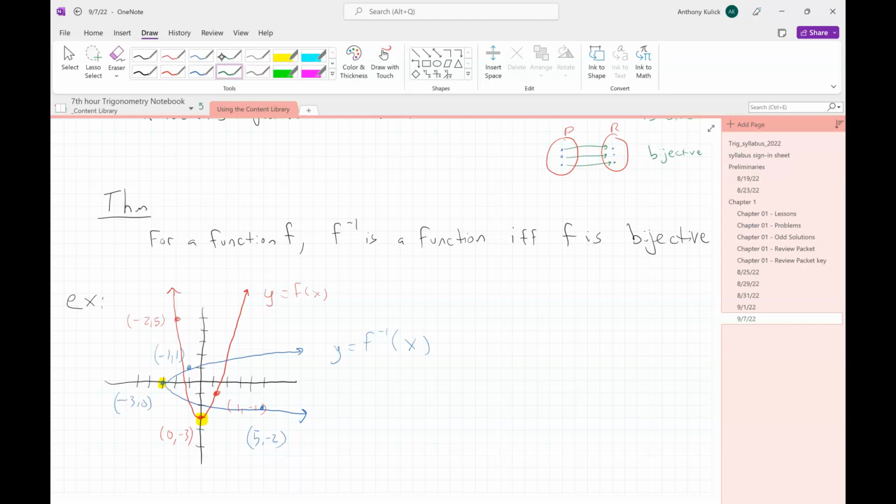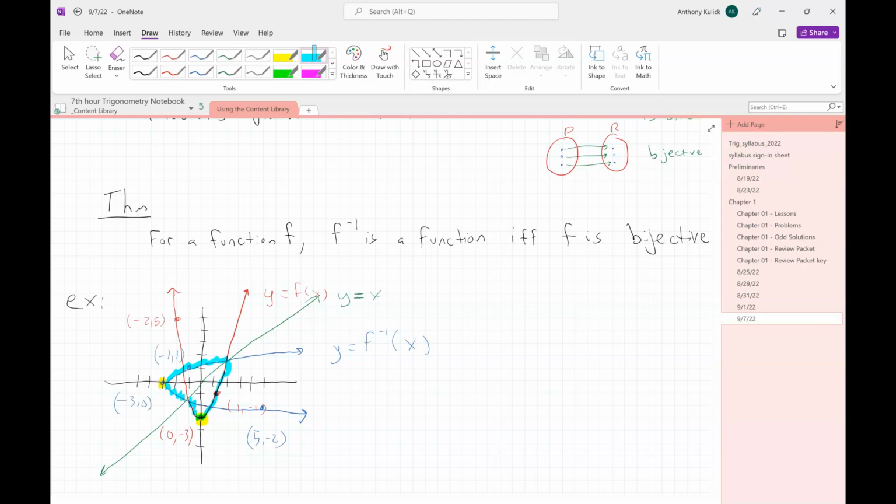If you look at this picture, do you notice a relationship between f and f inverse? Or a symmetry between them? They are reflections across the line y equals x. So this part of f becomes this part of f inverse.